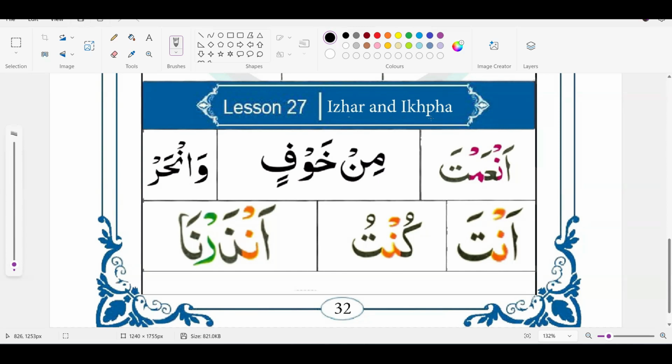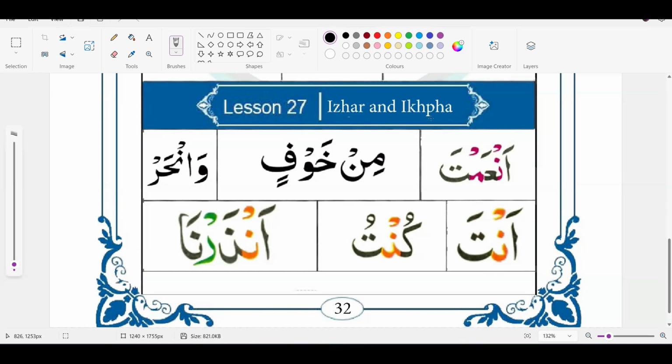Got it. Then we have learned about lesson number 27. In this lesson, we have two rules, Izhar and Ikhfa. We just learned about Izhar last time, and Ikhfa we have to start today. So let me repeat Izhar again, and then we go for Ikhfa. Izhar means saying clearly, and the definition of Izhar was whenever we have any throat letter after Noon Sakin or Tanween, we don't do Gunna, which means we read clearly.